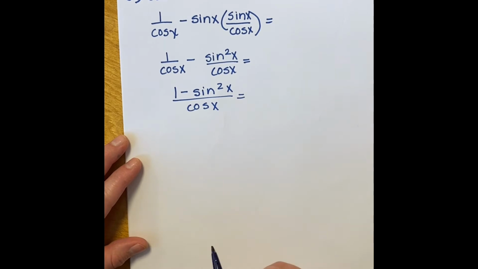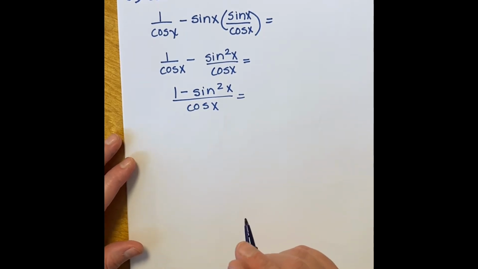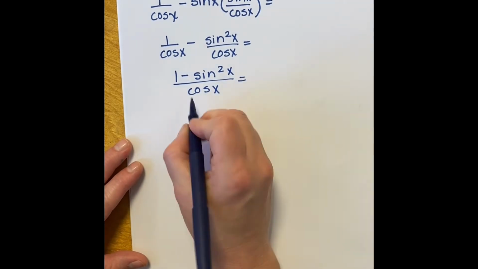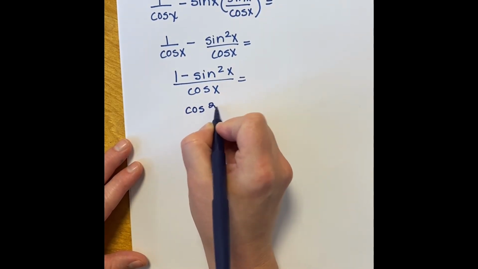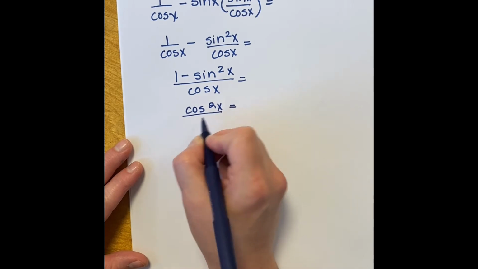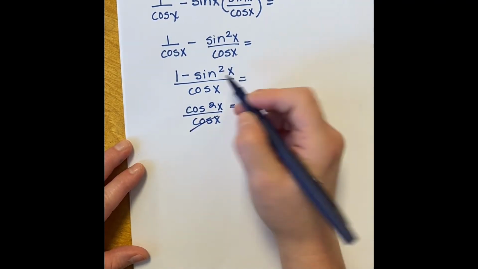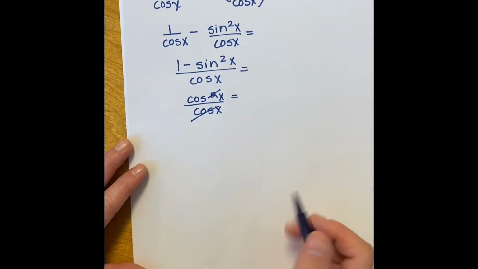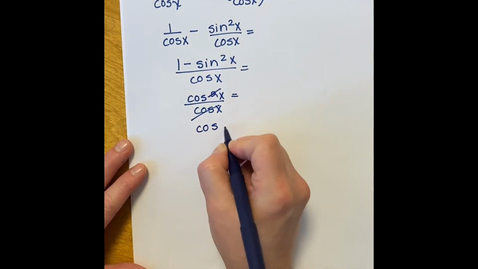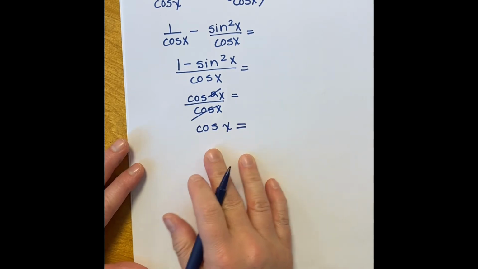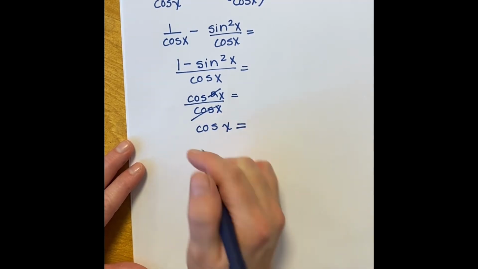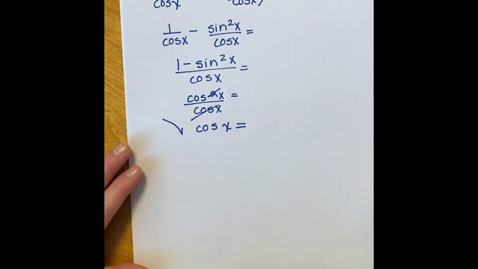Think about your Pythagorean identities. 1 minus sine squared is just cosine squared, right? And that's on top of cosine. What's going to happen? This cosine is going to knock out one of those cosines, and we're left with the cosine of x, which is where I was wanting to go. So, ka-ching. How are you feeling about all this?